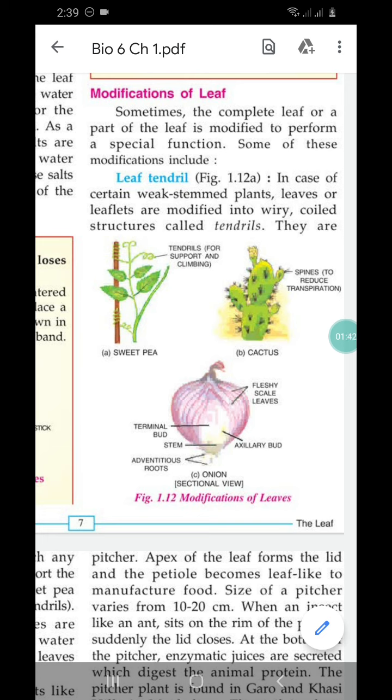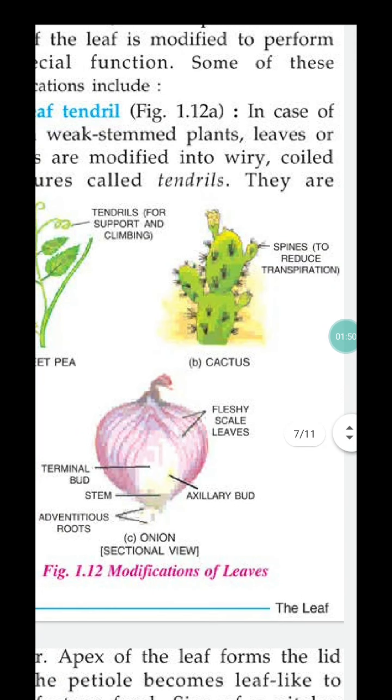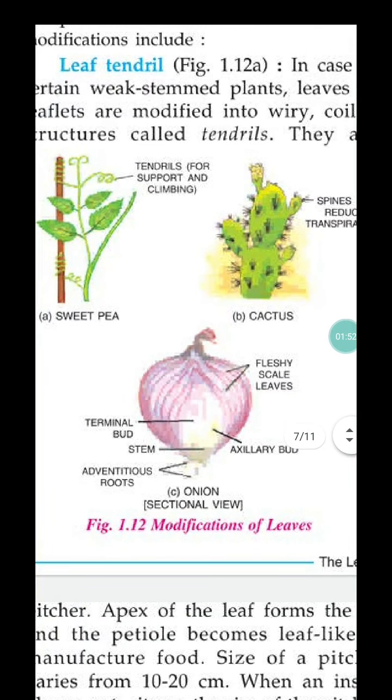So leaf modifications are of 4 types. They are leaf tendrils, spines, leaf scales, and the 4th one is insectivorous plants.